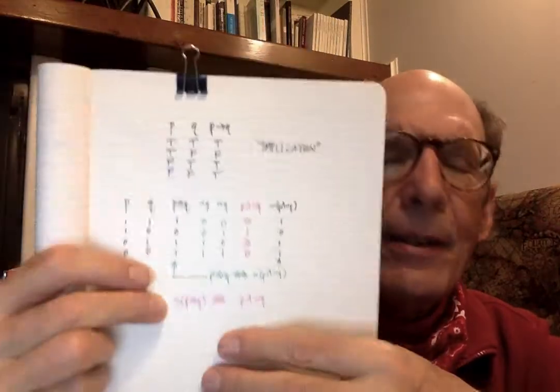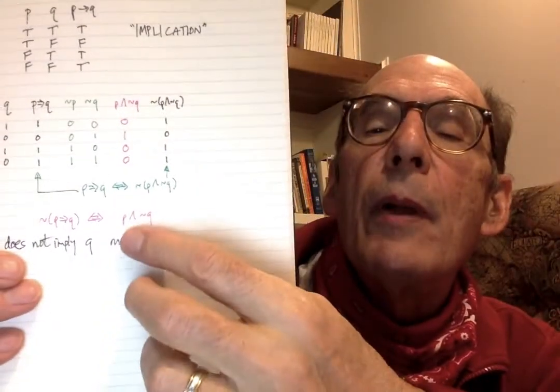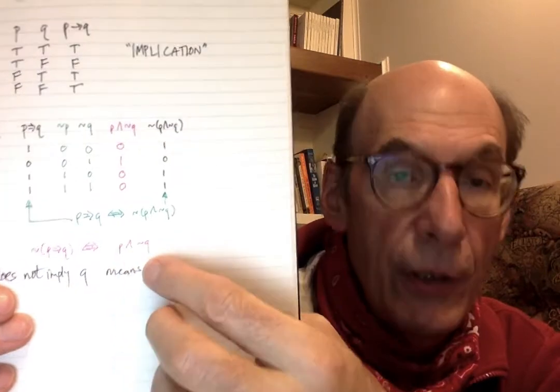It means that P, wow, this is kind of mind-blowing. P does not imply Q. I'm writing this in words. What that means is that P is true and Q isn't.